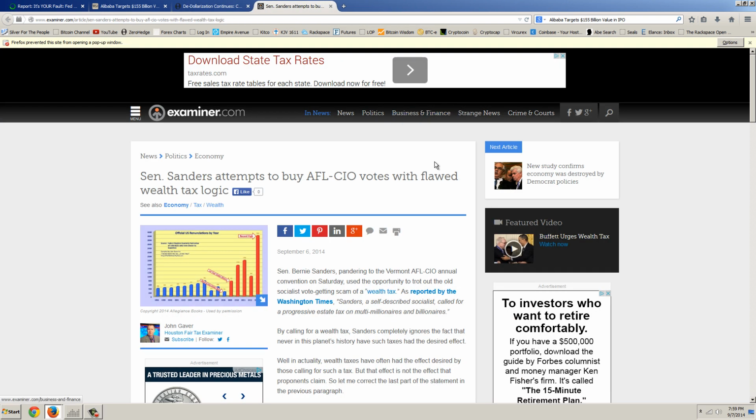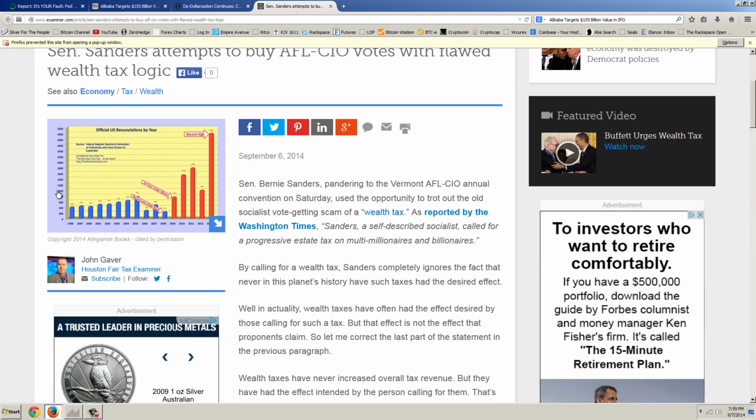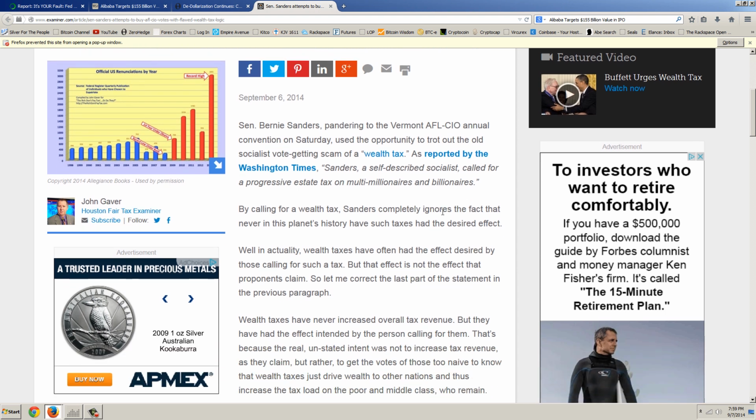Well, we have socialists like Bernie Sanders saying that we need more taxes. Senator Bernie Sanders, pandering to the Vermont AFL-CIO annual convention on Saturday, used the opportunity to trot out the old socialist vote-getting scam of a wealth tax.